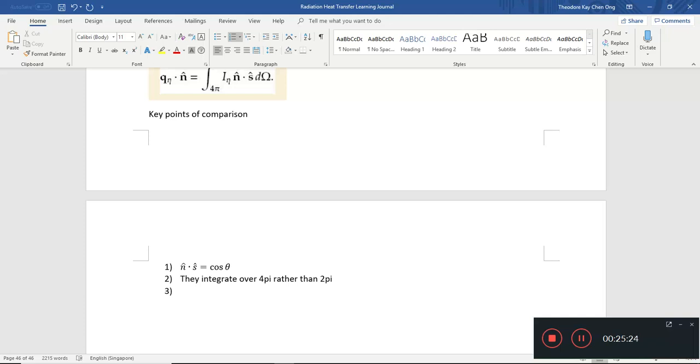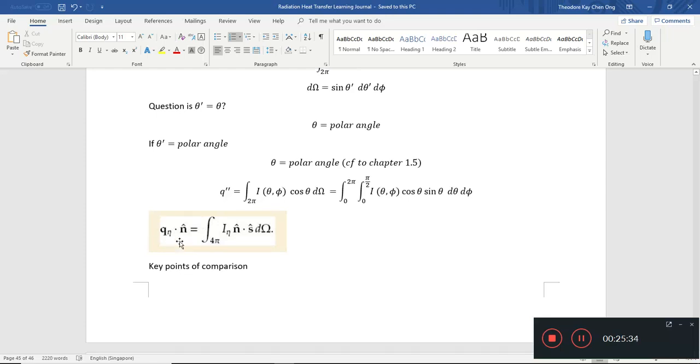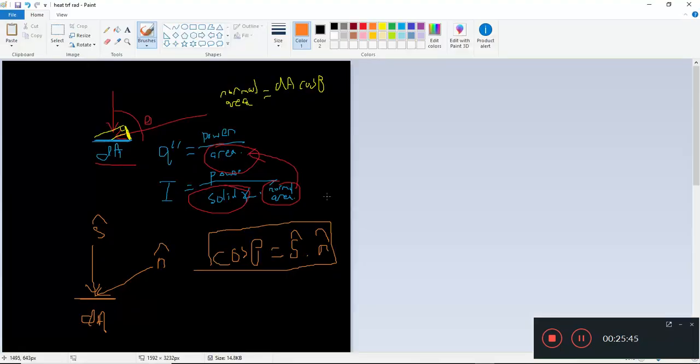And thirdly, I think they included spectral dependence, which I kind of forgot. So you can see there's this lambda or this eta over here. I should have put a lambda here to indicate that this thing is still per unit spectrum.